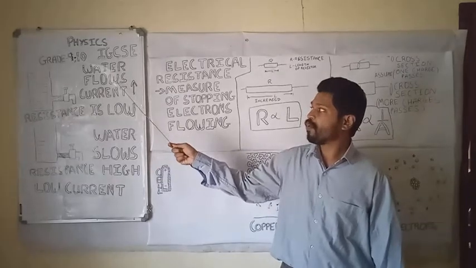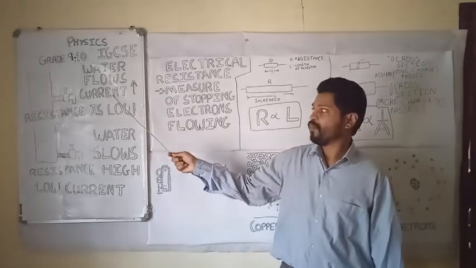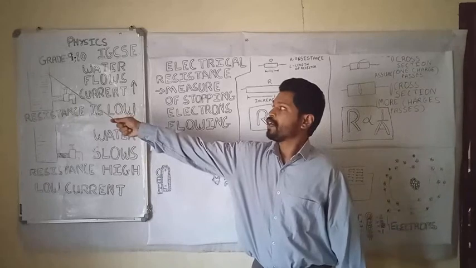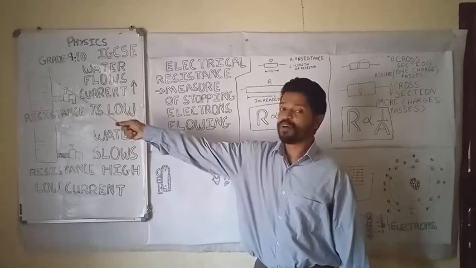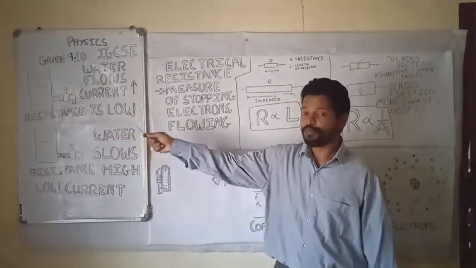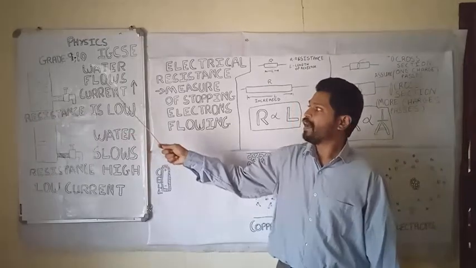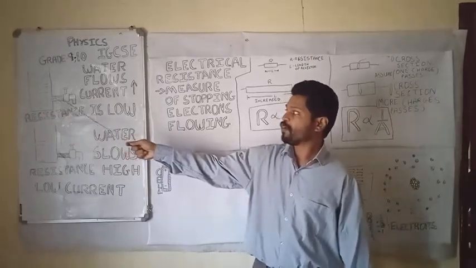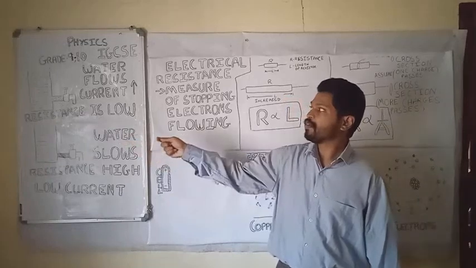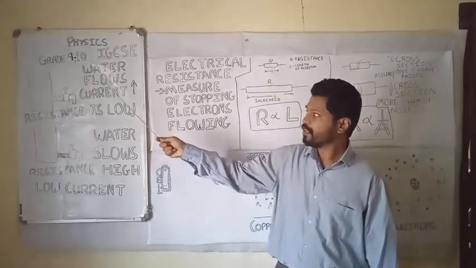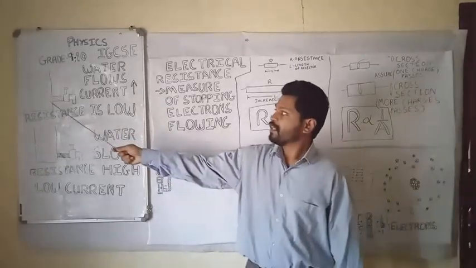We can correlate water flowing with the current flow. Here you can compare the level of water to the voltage or the potential difference, and the water flowing outside of the tap, you can compare with the current. And there is no resistance.